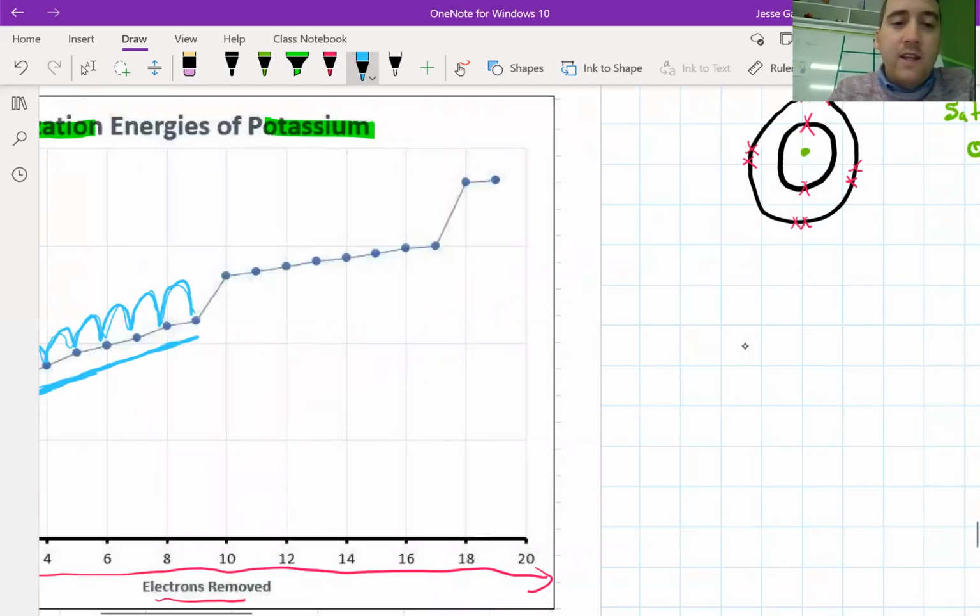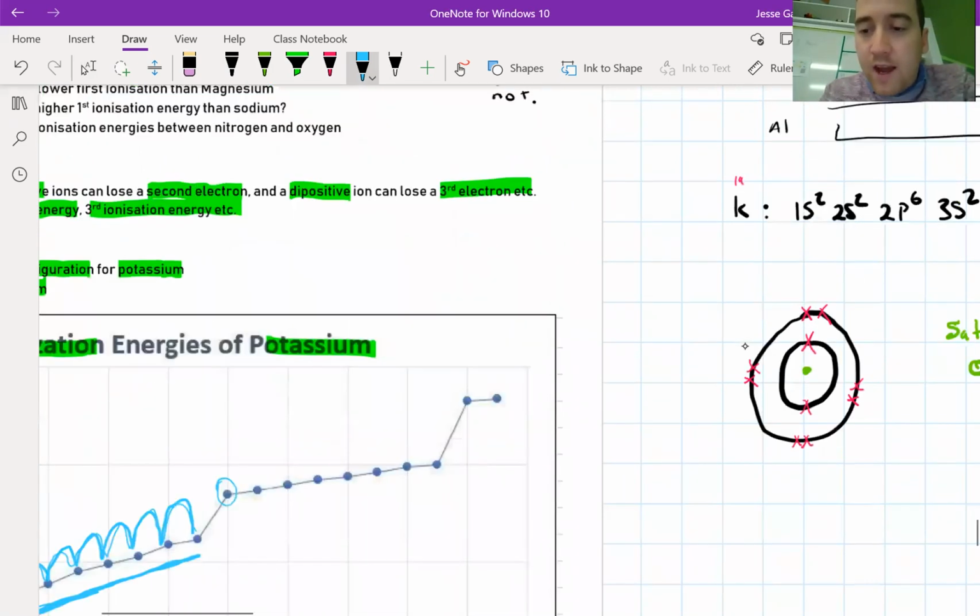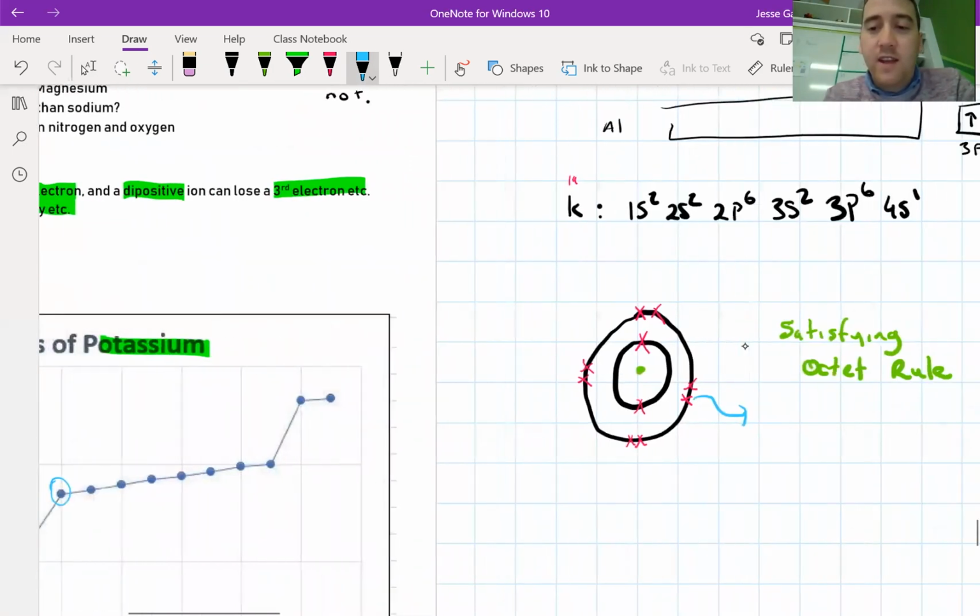And then what we see is, well, to remove this 10th one would be one of these ones. And again, I'm taking this 10th one from a full outer energy level. Again, this is currently in this state here, it's satisfying the octet rule because it's got a full outer main energy level.